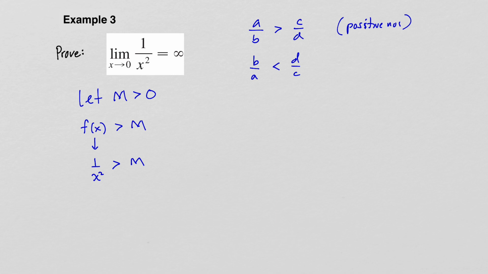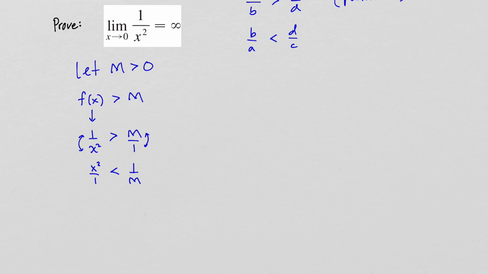So if I flip this fraction over, I get x squared over 1, and this is m over 1, so if I flip that fraction over, I get 1 over m, and now this is less than. So what I have is x squared is less than 1 over m, and now I'm just going to take the square root of both sides.